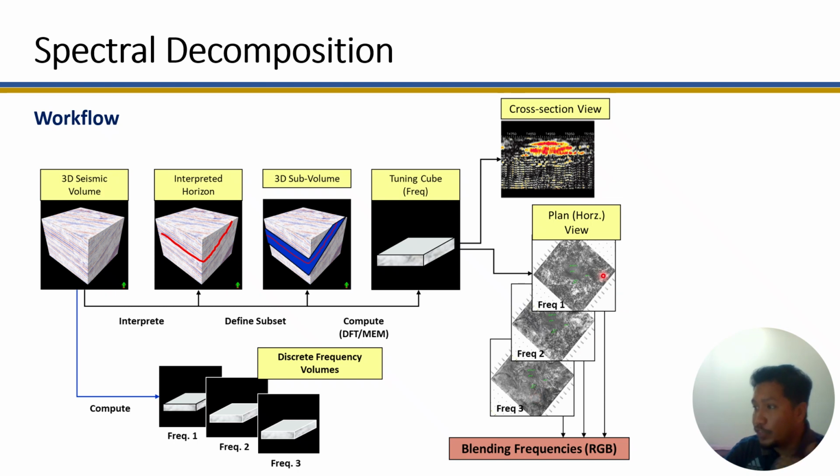We view all these frequencies first, and after we have some understanding of the changes in features based on the different frequencies, we do the frequency blending, where we set red, green, and blue for these frequencies respectively. Normally, low frequency is red, middle frequency is green, and high frequency is blue.